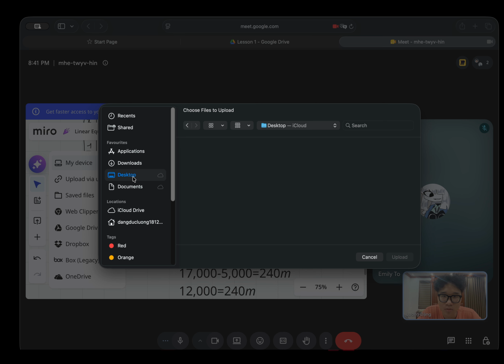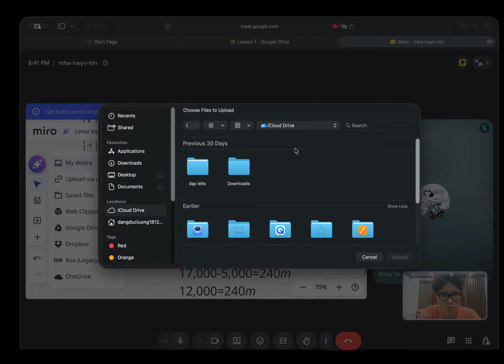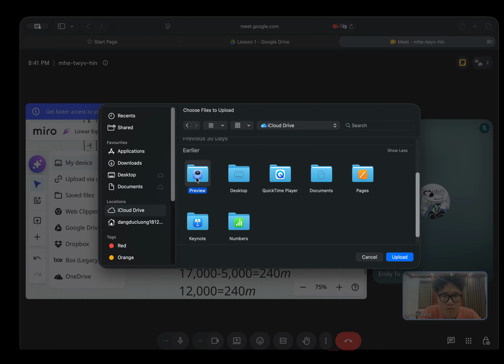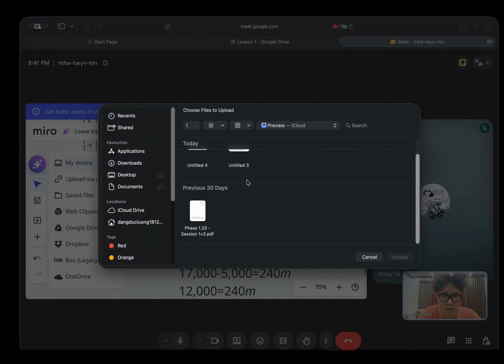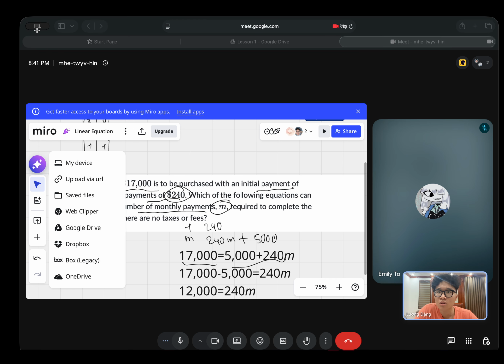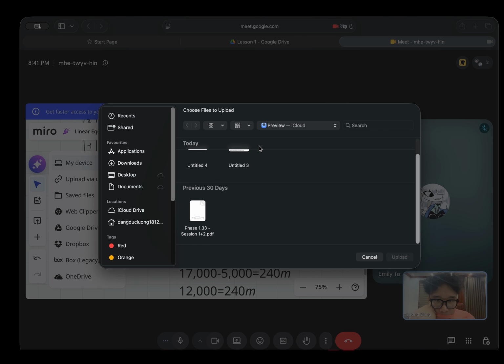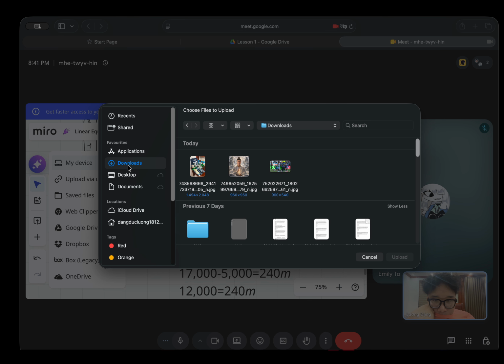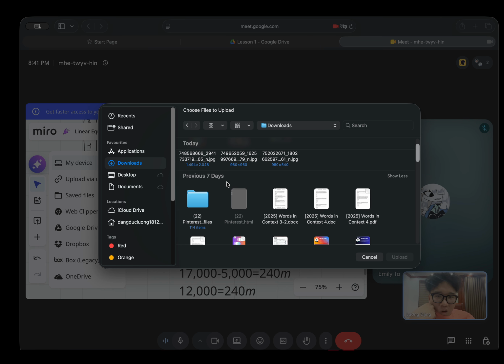Oh my god. We have the untitled file. What?